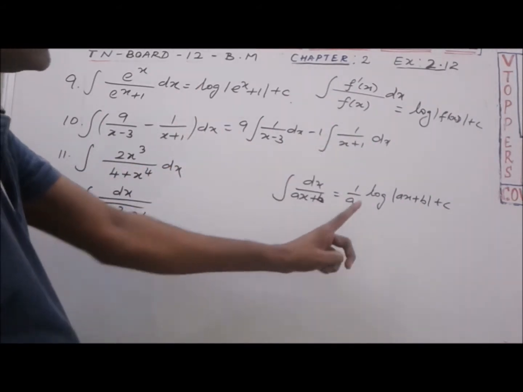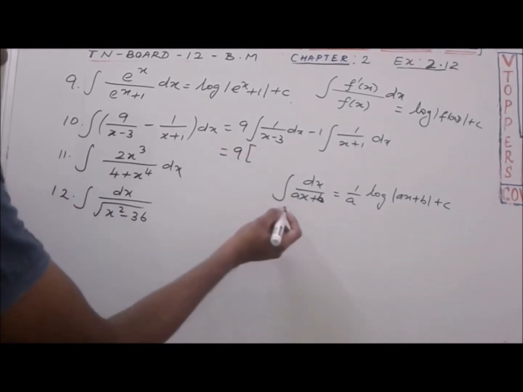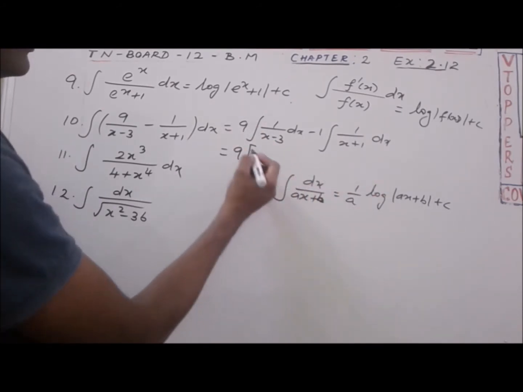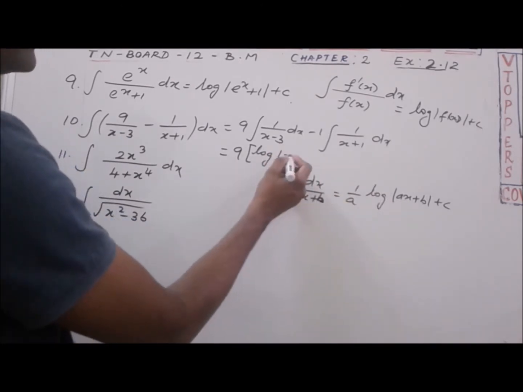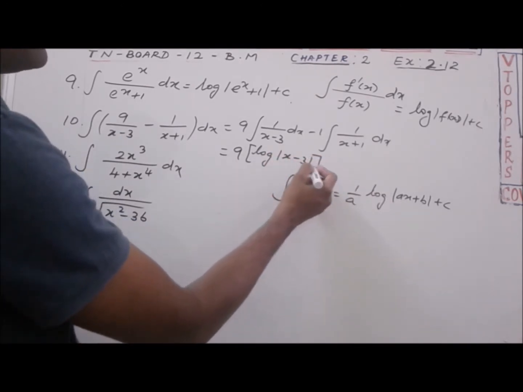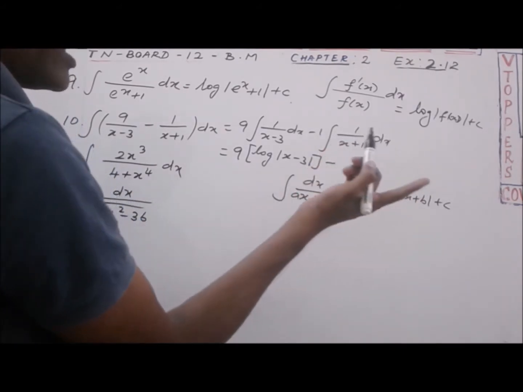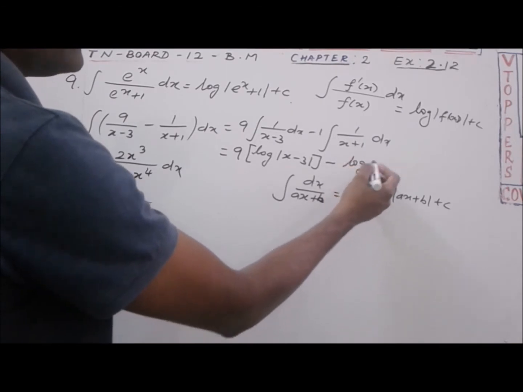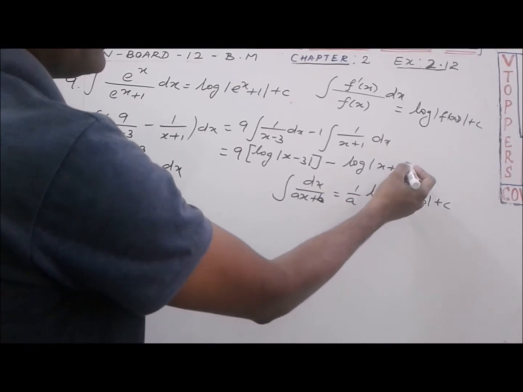Substituting in the formula, for the first one we have 9 into 1 by a, and 1 by 1 is 1, log of modulus of ax plus b, that is x minus 3, minus 1 by a, where 1 by 1 is 1, log of modulus of x plus 1, plus c.